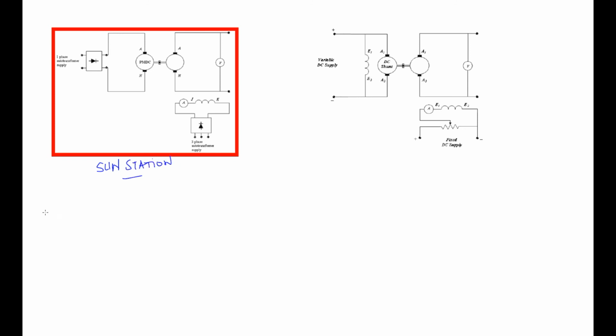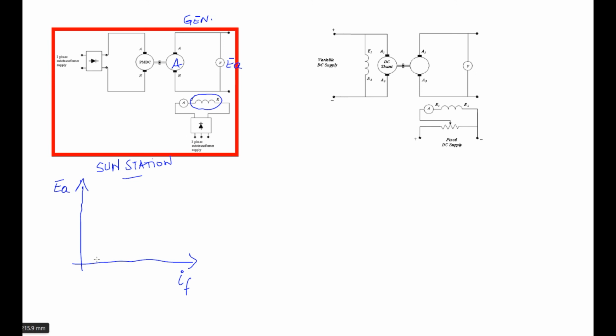Before we do so, let's talk a little bit about the characteristic itself. The magnetization characteristic represents the variation of the generated voltage across the armature of the generator, so that's the generator section, versus the excitation, the field current for this field winding here, for the generator.